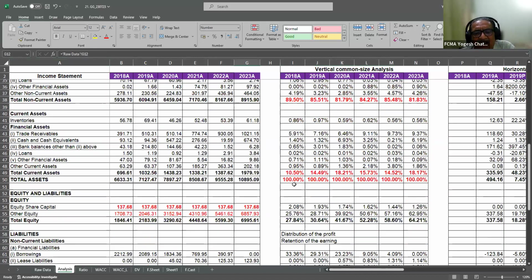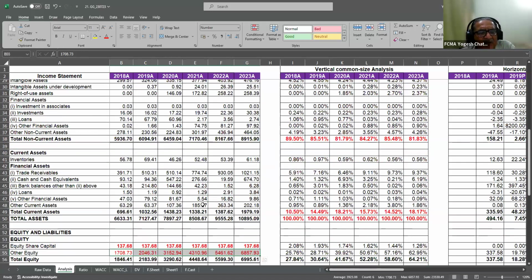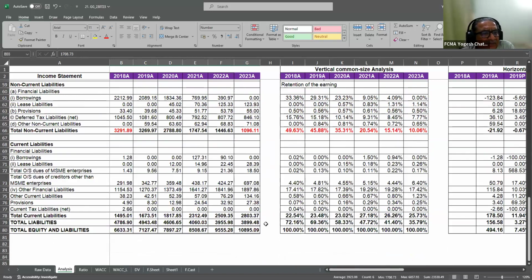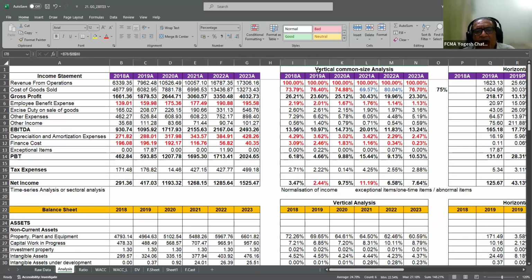The exact reason why the company is not availing the opportunity to reduce its cost of capital, we can find out from the management of the company. So that is about the non-current liability. And current liability has remained around 25%. So I hope that is useful, a vertical common size analysis.